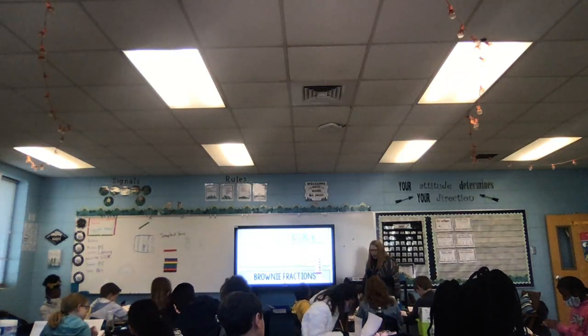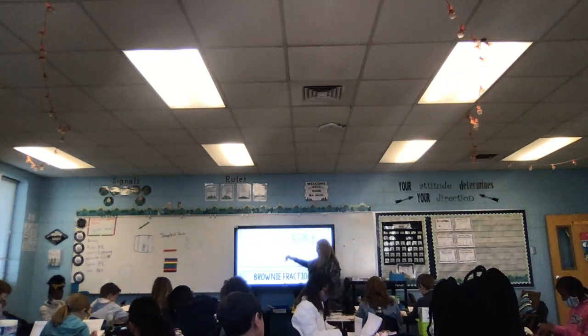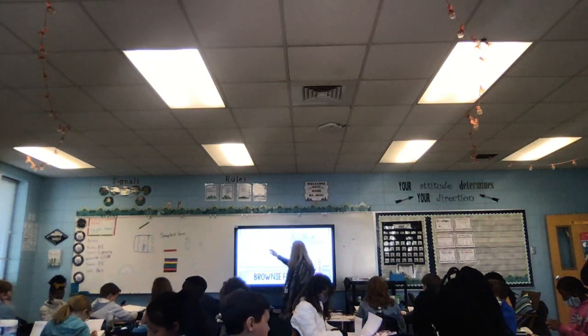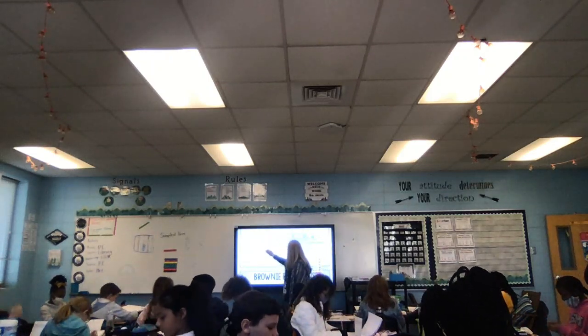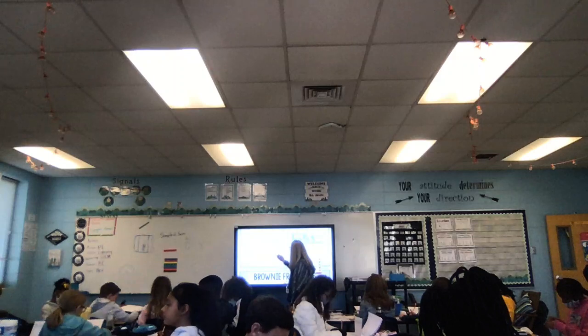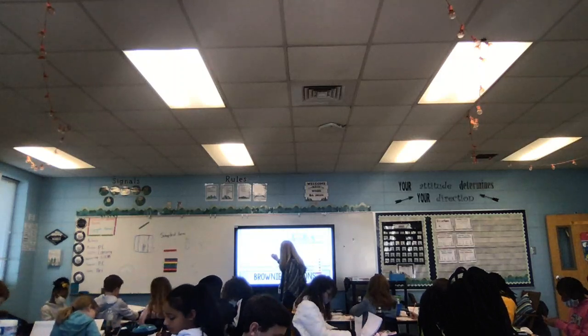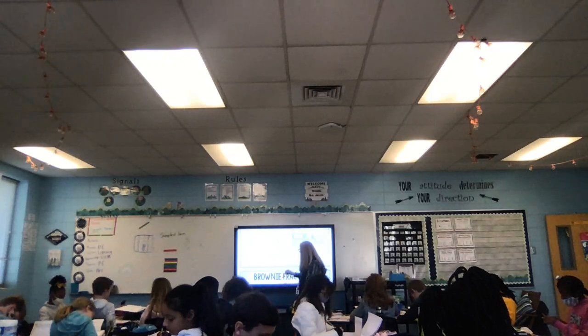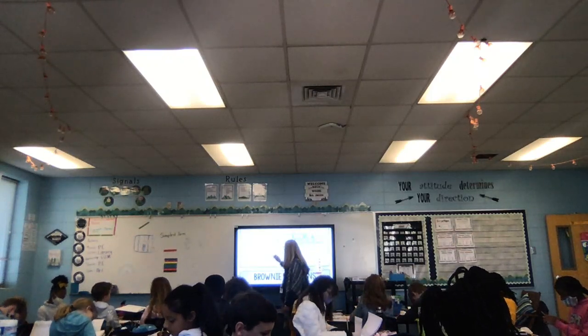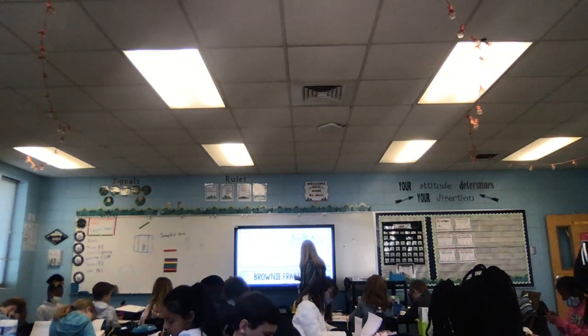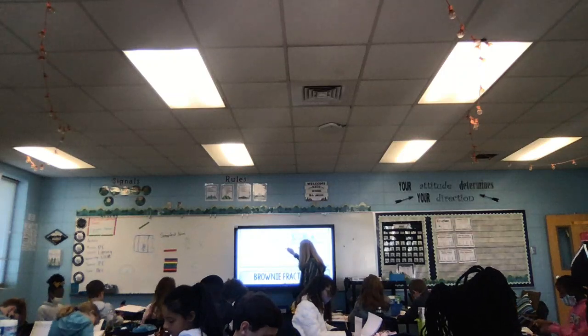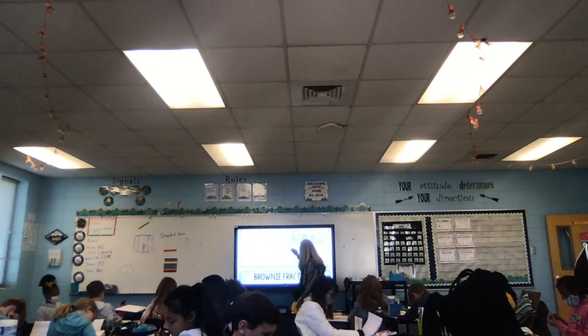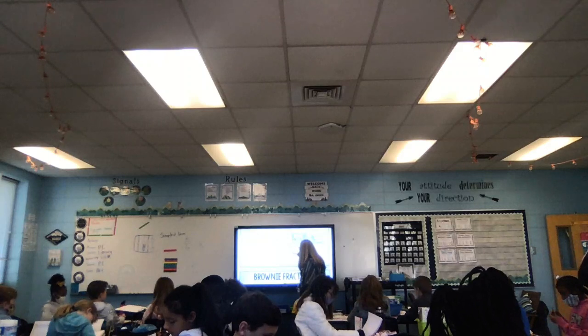Let's go ahead and draw a picture of it. So I want you to draw a picture of 3 8s. So you're going to come over, you're going to make your fourths, and then you're going to take those fourths and cut them in half, however you want to. And then come over here, we're going to have fourths.